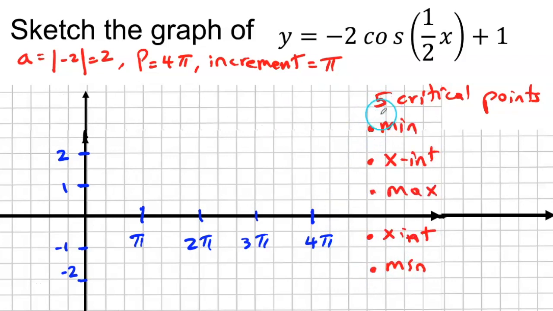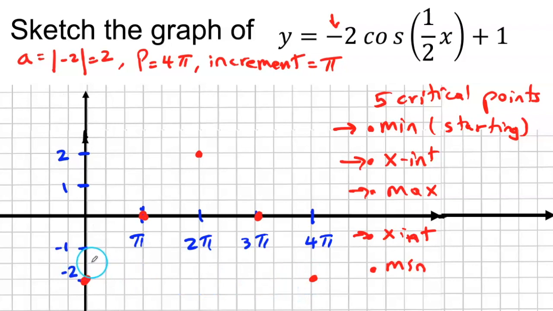Now, if you notice, I started with a minimum. How come? Because my amplitude is negative. Okay, therefore my cosine will start with my minimum value, and my minimum value happens at my negative amplitude. So at 0 I'll start with my minimum, that's my starting point, and then I go to the x-intercept, then I'll go to my max, which happens at my amplitude, then I go to the x-intercept again, and last, my minimum value, which happens at my negative amplitude.